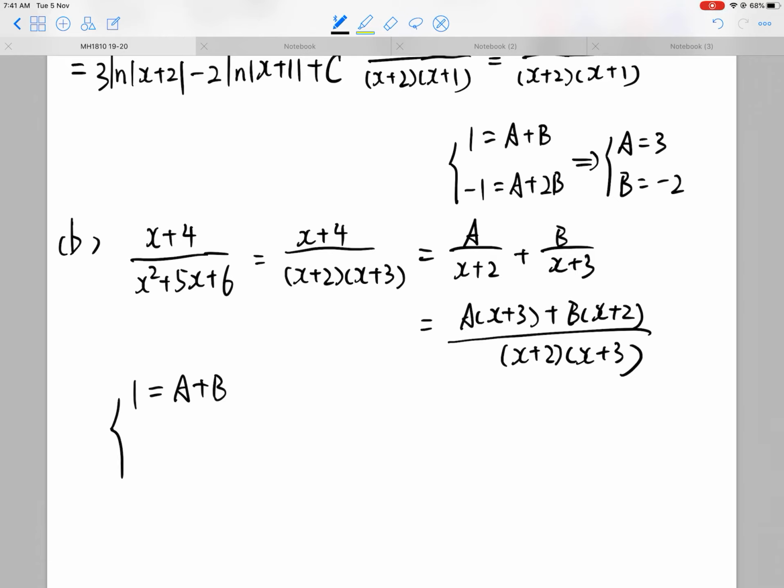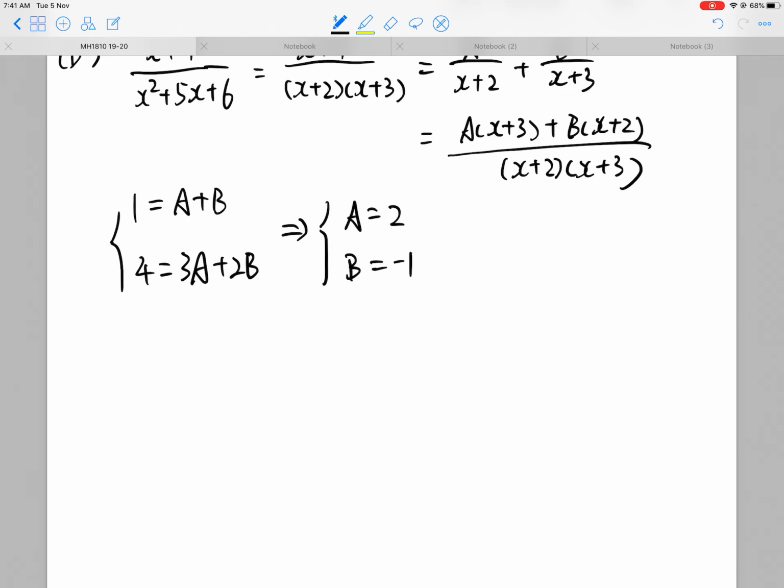What about the constant? The left is 4, the right is 3a plus 2b. So 4 equals 3a plus 2b. And you solve it. So a is 2, b is negative 1. Okay, so now you can start your integration.